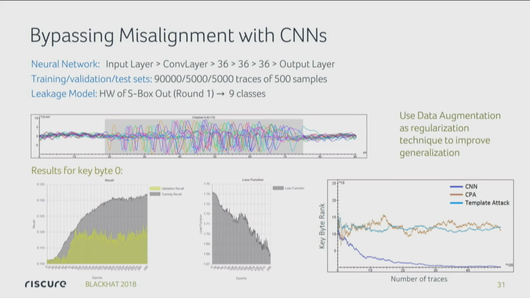The reason I'm saying it's not entirely fair is we just run the template attack on the raw data. Normally you would also do the alignment and the filtering yourself, but we want to take the human out of the equation here, so you can compare them side by side.